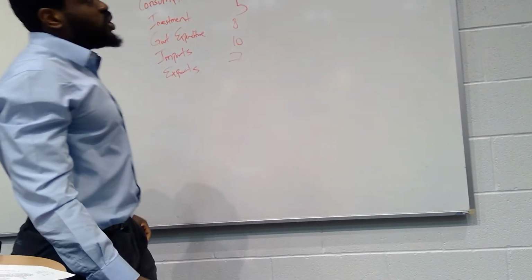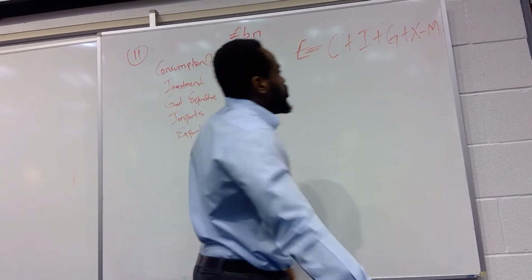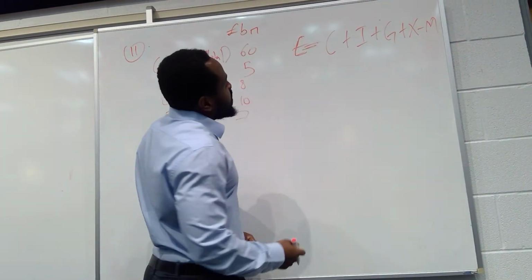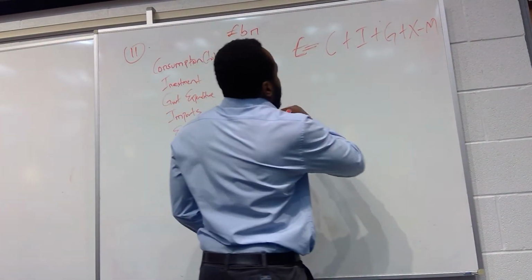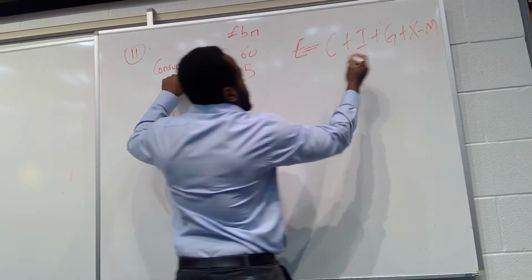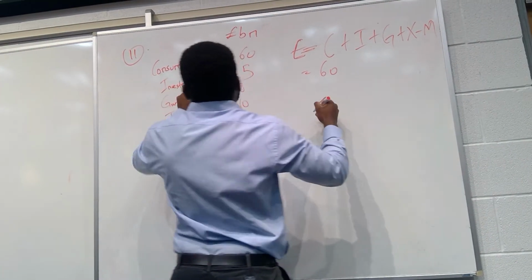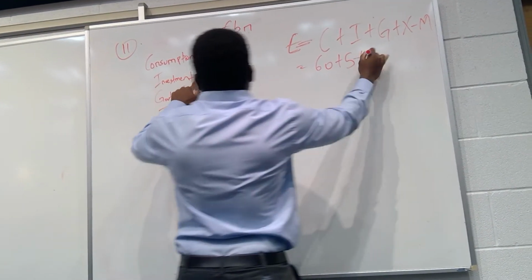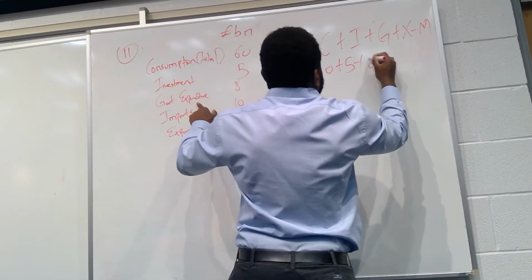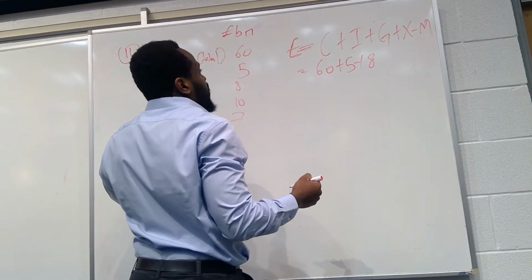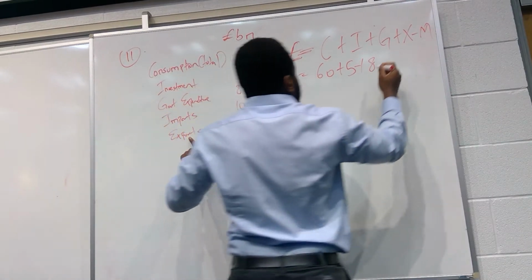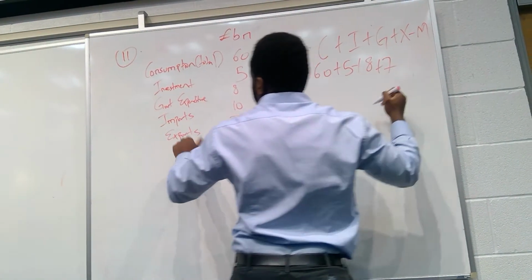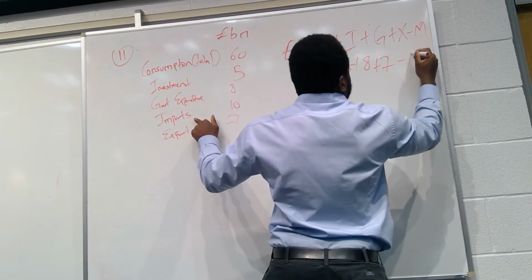C plus I plus G plus X minus M, correcto mundo. Thanks a lot. Okay, so what do we have here? We have consumption is 60, we have investment 5, we have government expenditure being 8, we have exports being 7, and then we have imports being 10, minus 10.